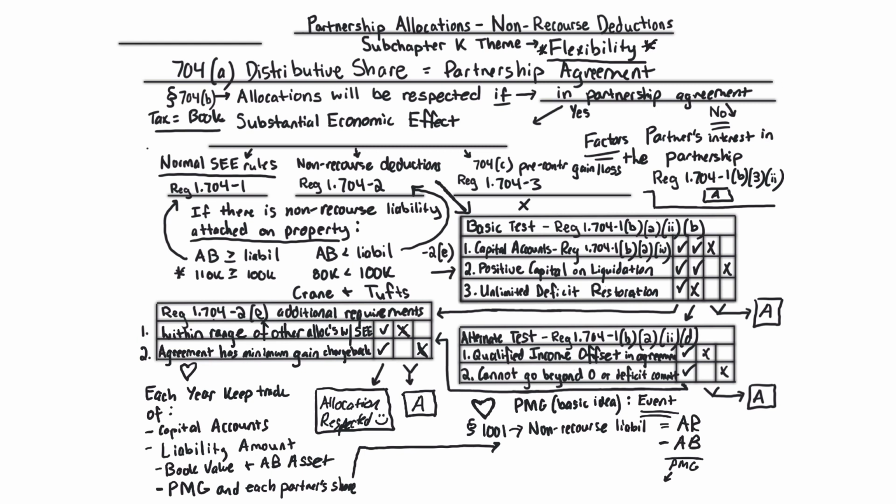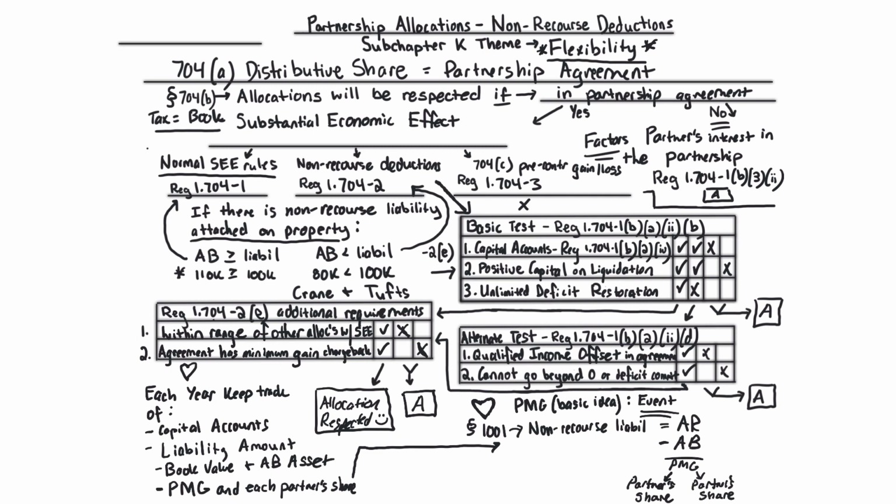Then you're going to allocate each partner's share of the partnership minimum gain. And the idea is that's going to flow through on the K1 to each partner. So on the 1065 for the partnership, we're going to have a partnership minimum gain recorded, and then each partner's share is going to flow over on the K1. That's essential.